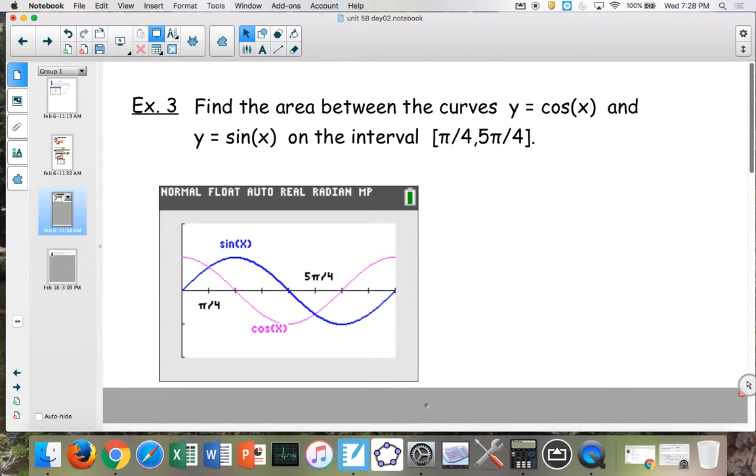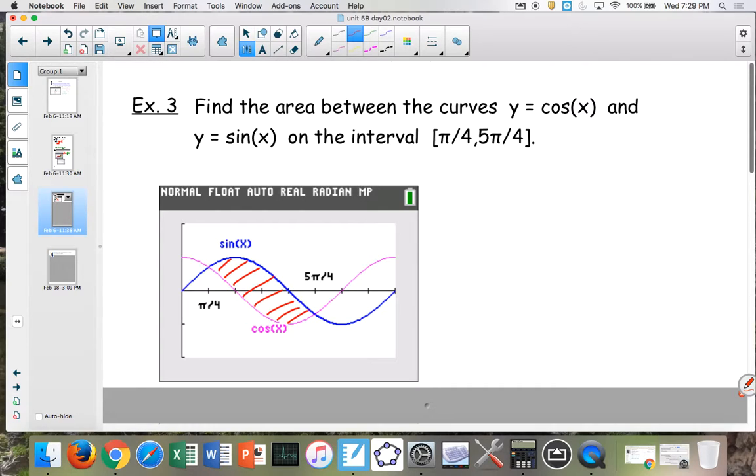So here's our graph. And we're looking for this area. So fortunately, over the interval that was specified, the sine function is always above the cosine function.